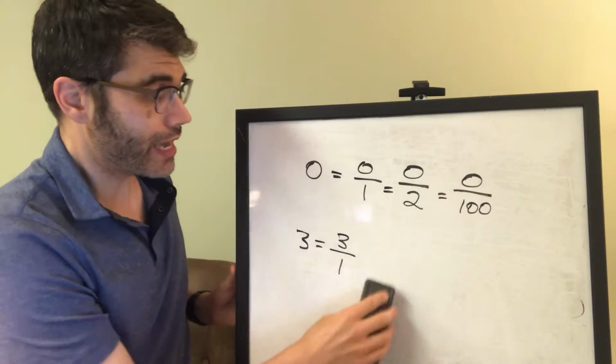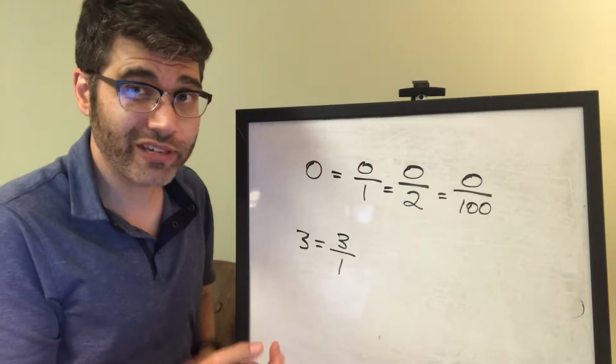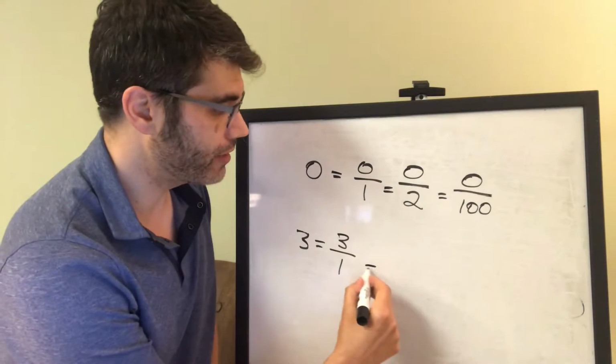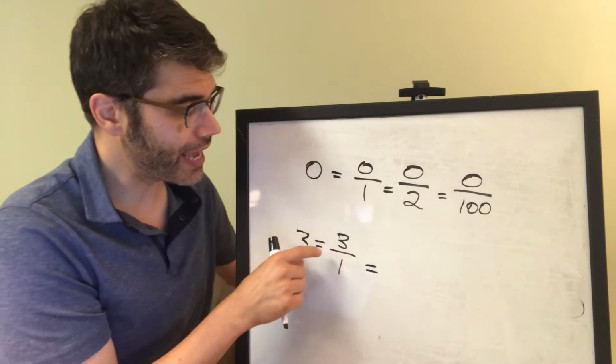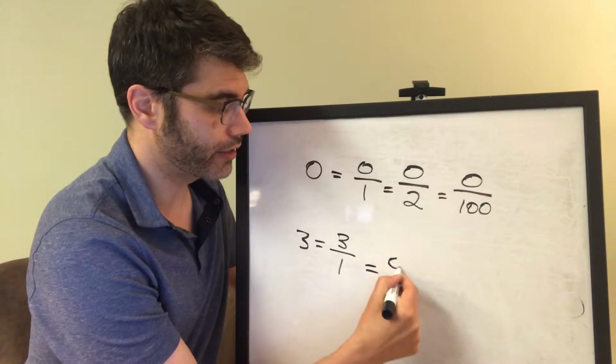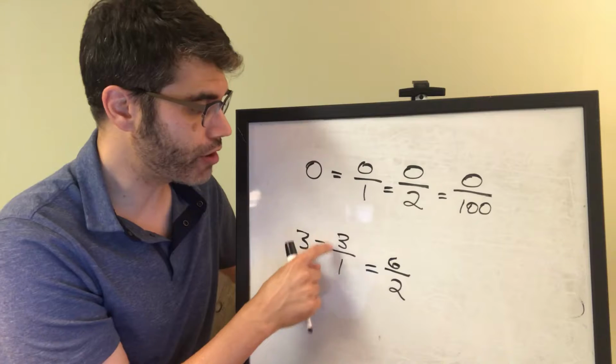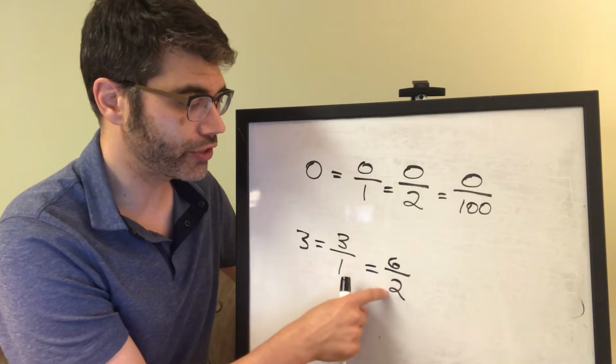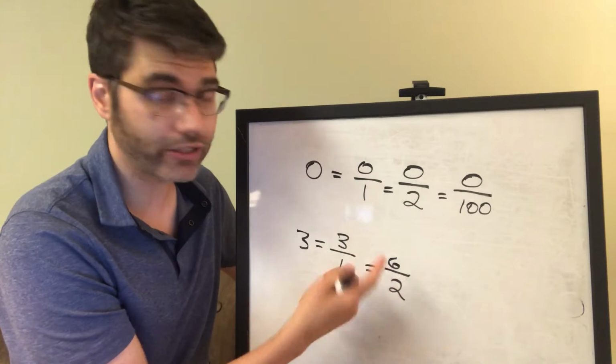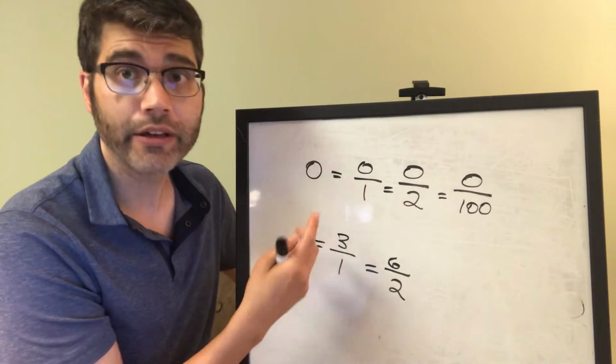Now that doesn't mean I can't write other fractions that also equal 3. For instance, if I had 6 in the numerator, then I would need to have 2 in the denominator. Do you see how 3 over 1 equals 6 over 2? 6 over 2 is 3. 2 goes into 6 3 times. 1 goes into 3 3 times.